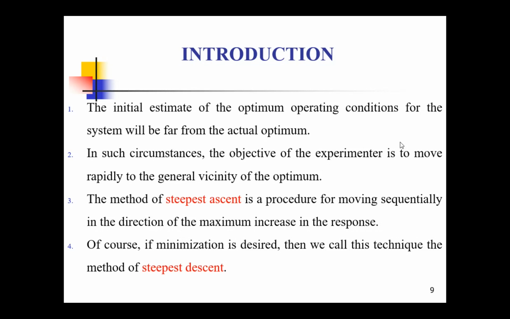When to use steepest ascent and when to use steepest descent. If I am going for a maximization problem, then we have to use steepest ascent. Ascent means increasing. So the steepest ascent is the procedure to move in a sequential manner towards the direction of response by increasing.